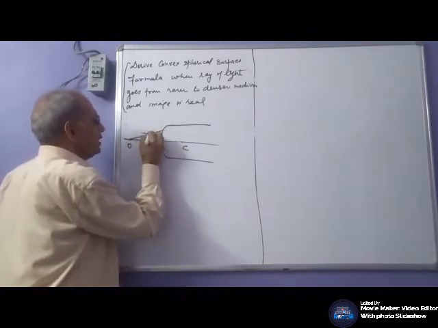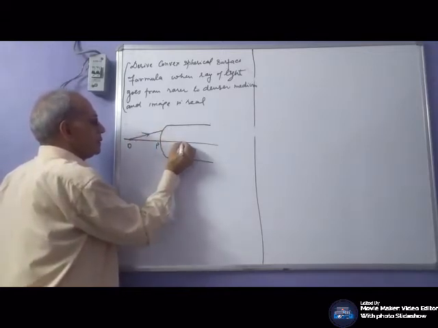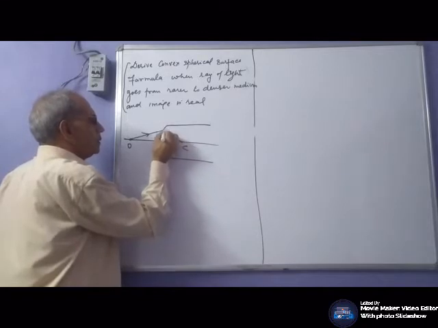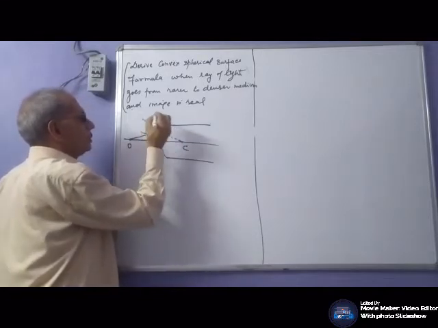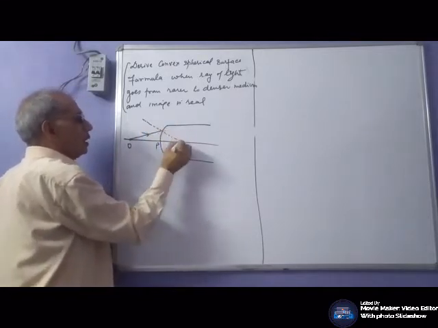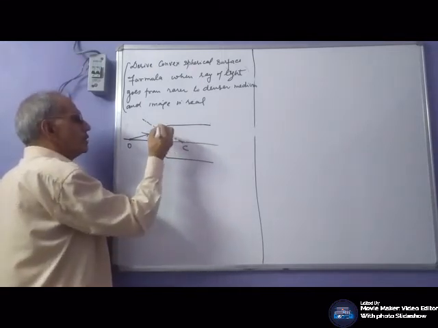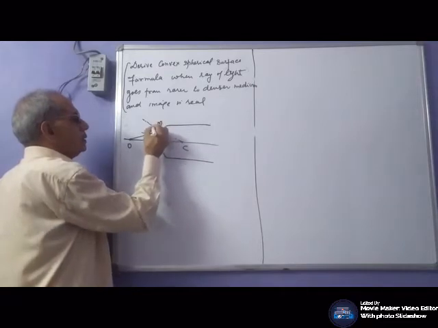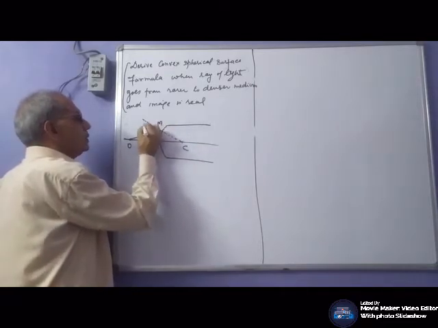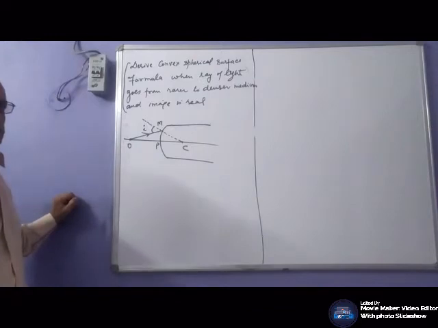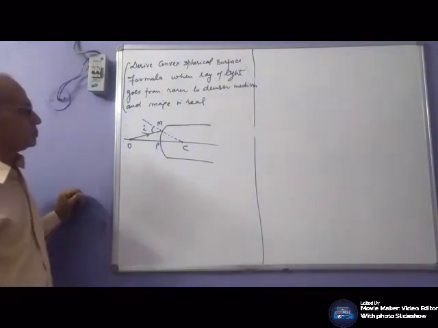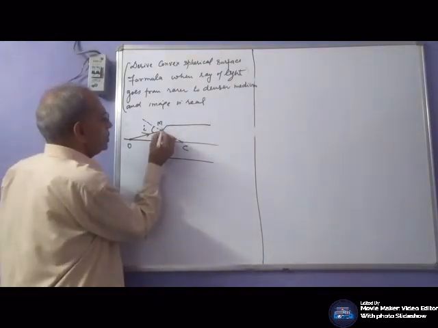This is the incident ray. This will be the normal. Any line joining C will be normal to the curved surface. This is I. This should be small. Bend towards normal.